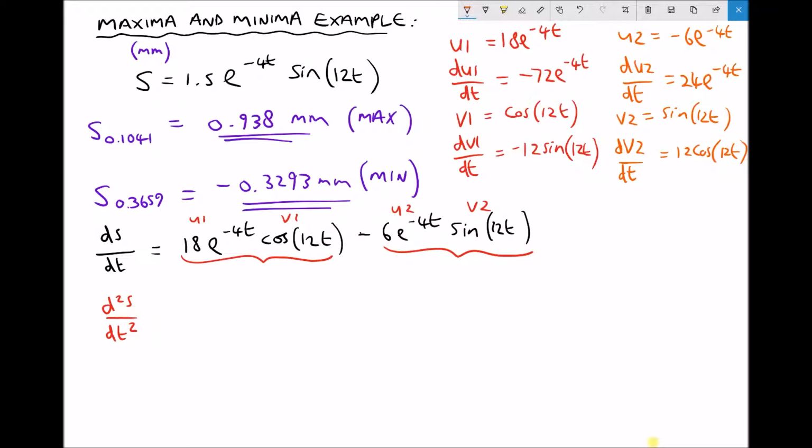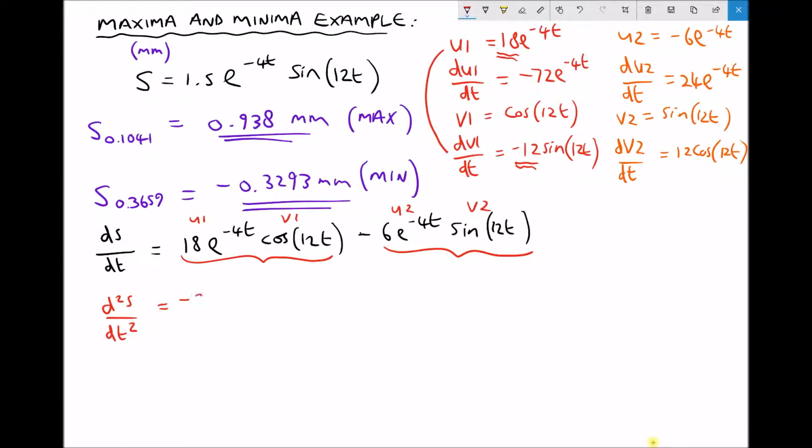So again, it looks like we're going to end up with something quite complex, but in actual fact, it simplifies down quite nicely. So we have u dv dt for the first term, so u1 and dv1 by dt. We can multiply out the coefficients like we did before. We've got 18 and minus 12. 18 times minus 12 is minus 216.